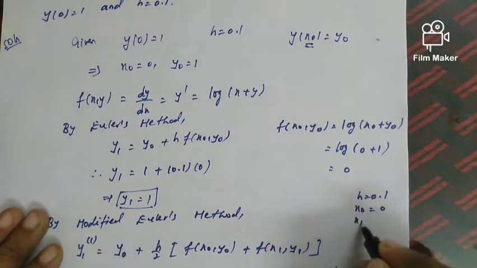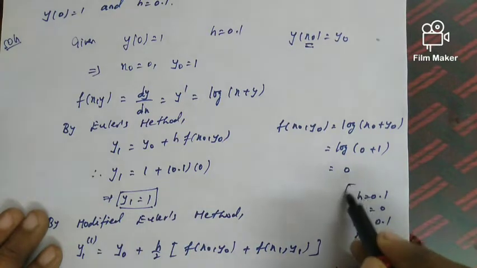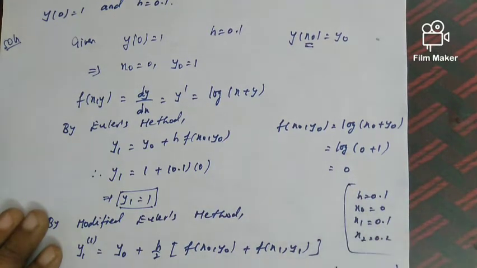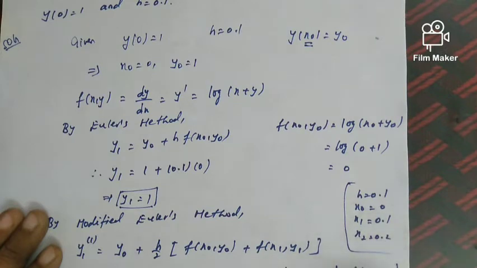So obviously what is our x1? x1 is 0.1, because it's given in the question x2 is 0.2. So this is the reason why we are taking x1 as 0.1. Is it clear how we are taking the x1? And plus y1. y1 is nothing but the value we got here. So log of 0.1 plus 1.